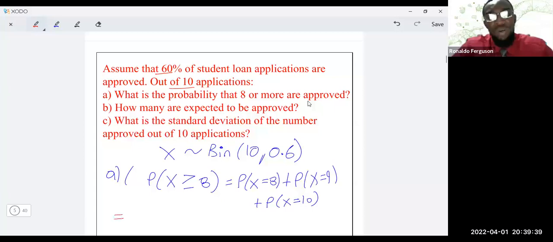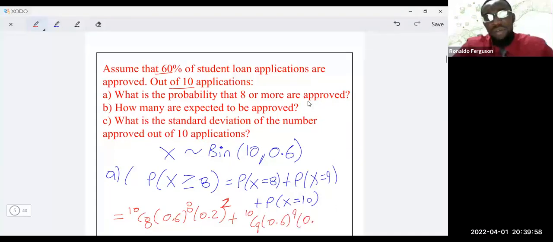So work them out. When it's 8, that's 10 choose 8 times 0.6 to the 8 times 0.4 squared, because 10 minus 8 is 2, plus 10 choose 9 times 0.6 to the 9 times 0.4 to the 1 power.